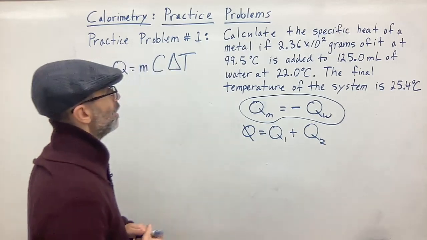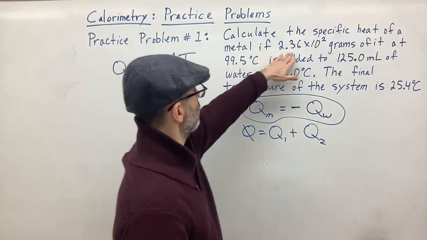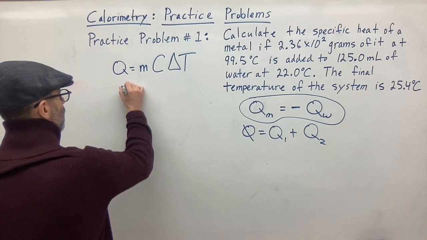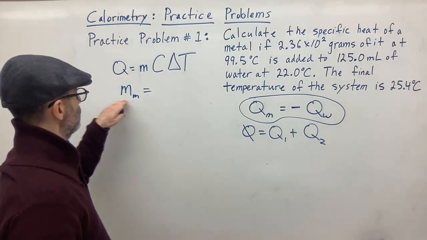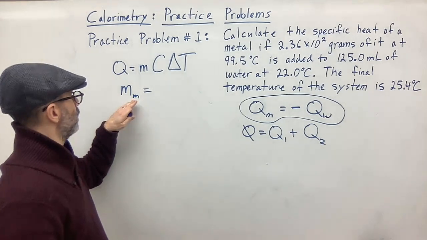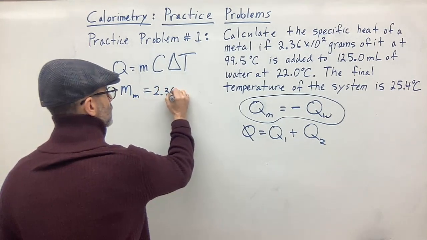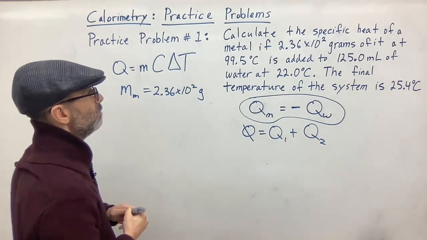So let's start with the specific heat of the metal, and they give us the mass of the metal. So M sub M is the mass of the metal, 2.36 times 10 to the 2 grams, okay?